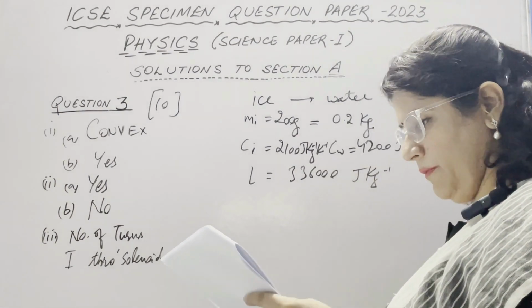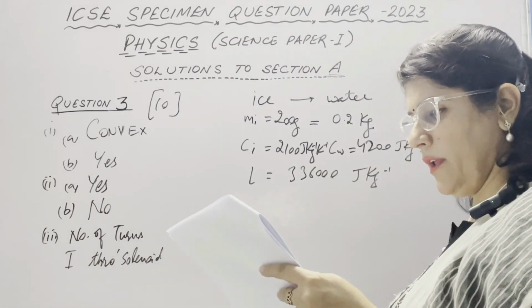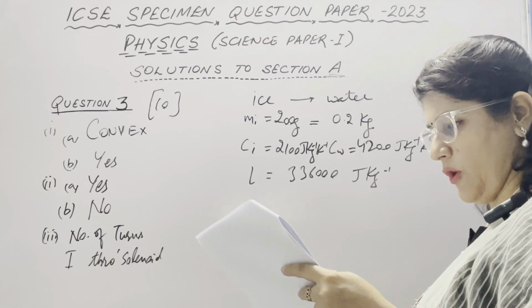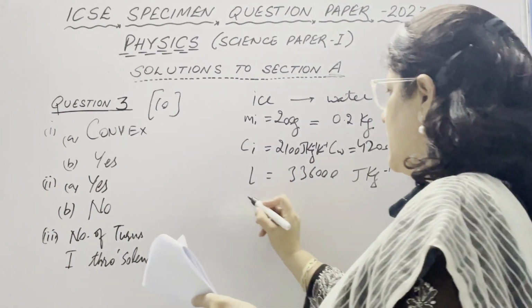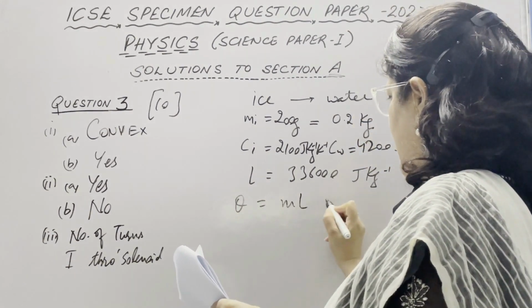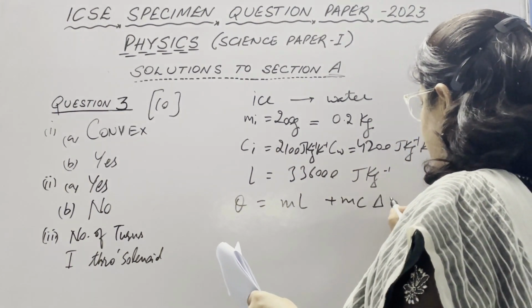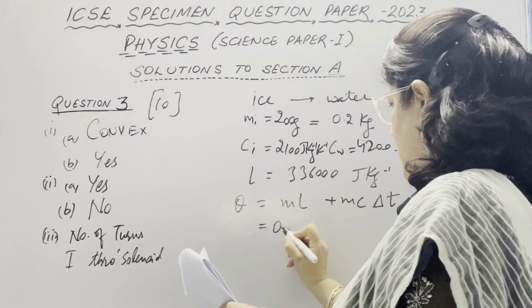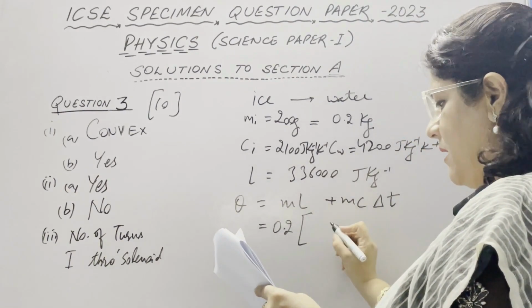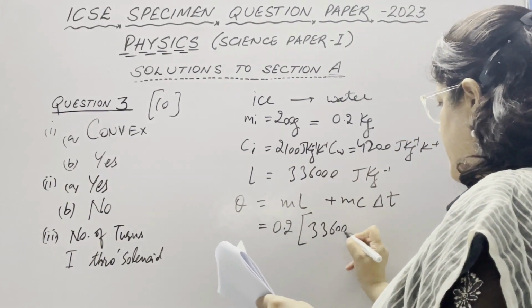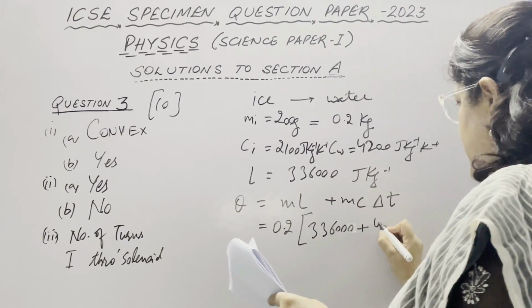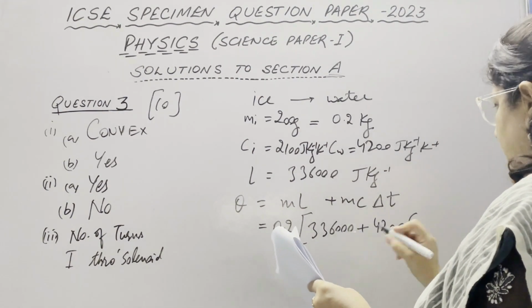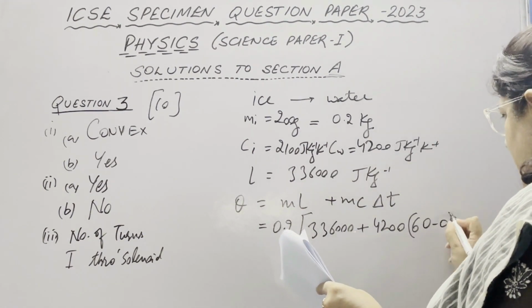Now we need to calculate the heat absorbed by this piece of ice. Now heat Q is equal to mL plus mc delta T. Now m is same in both these, 0.2. Value of L is 336,000 plus value of c is 4200 and delta T is 60 minus 0.